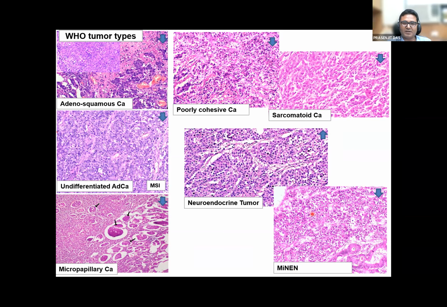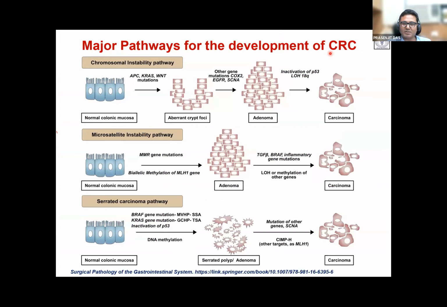Now, if we talk about the major molecular pathways of development of colorectal carcinomas, there are three major pathways. One is the chromosomal instability pathway. Chromosomal instability, as the name says, means there can be variations of the chromosome number, or there can be insertions or deletions of various genes.